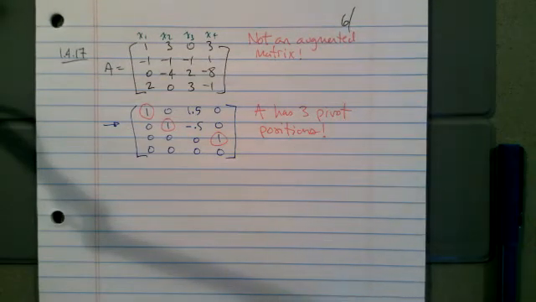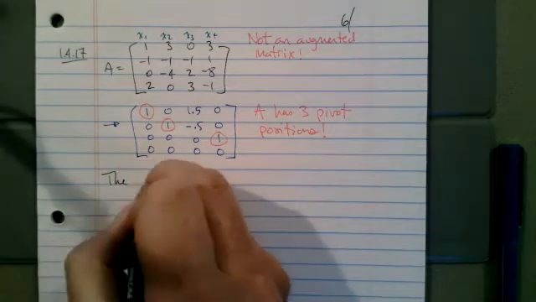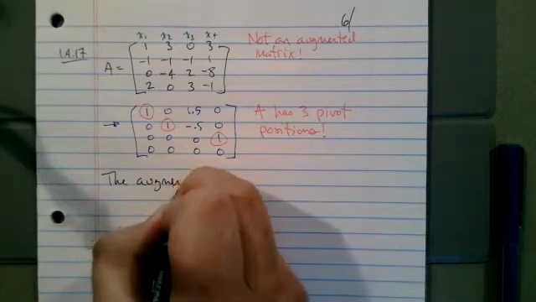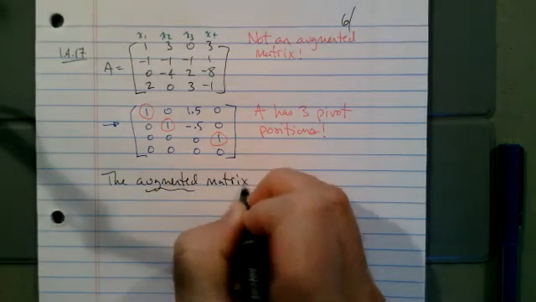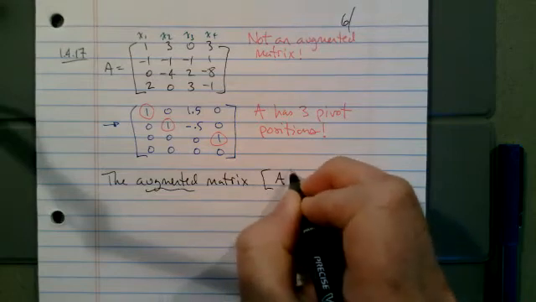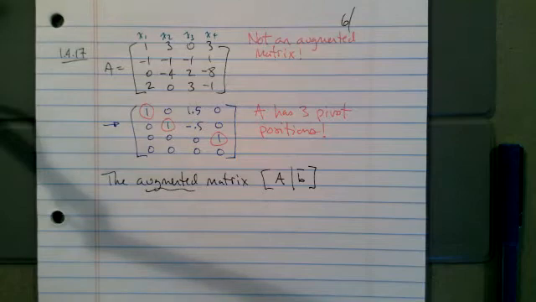So what we can conclude is that, since A has 3 pivot positions but 4 rows, the augmented matrix A, and then if we put B on the other side, might have a pivot in the rightmost column.